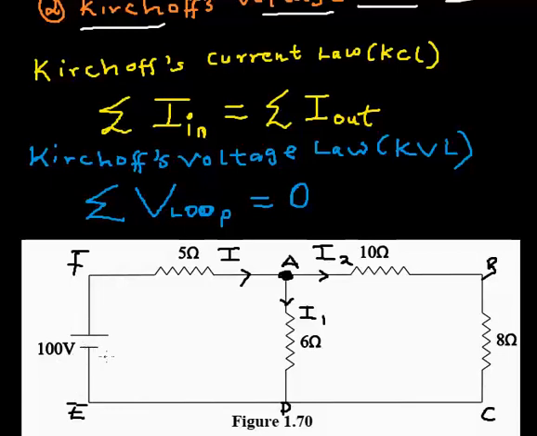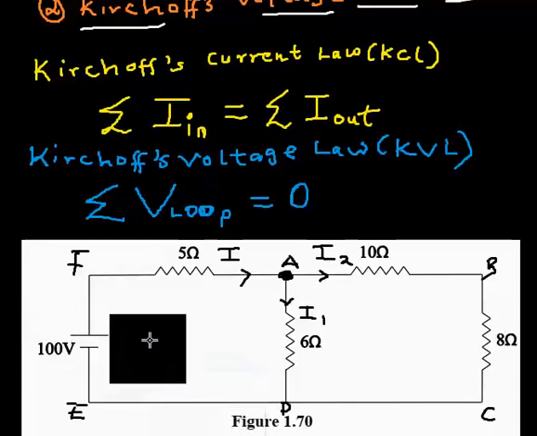So if current flows in this cell from negative to positive, it is rising from a lower potential to a higher potential, and that voltage is known as a voltage rise. The other way around, from positive to negative, is a voltage fall.